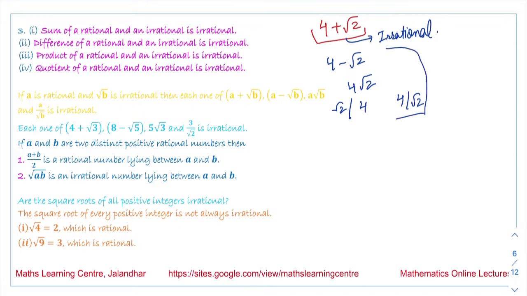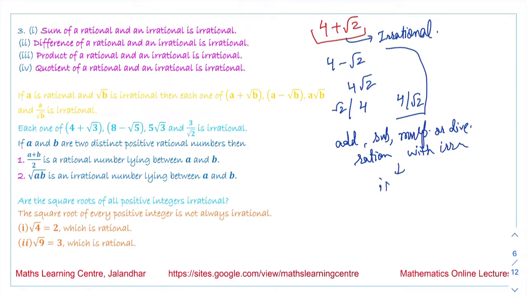So we are saying, if we add, subtract, multiply or divide a rational with an irrational number, the answer is an irrational number. In the previous slide we have seen, if we add two irrational numbers, it is not necessary that the answer is irrational.